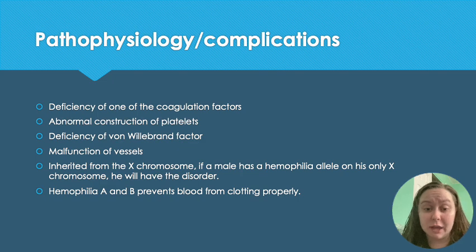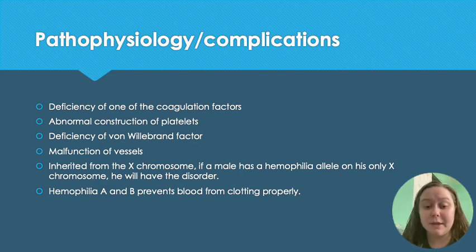Pathophysiology and complications. Deficiency of one of the coagulation factors, abnormal construction of platelets, deficiency of von Willebrand factor, malfunction of vessels, inherited from the X chromosome. So if a male has a hemophilia allele on his only X chromosome, he will have the disorder.